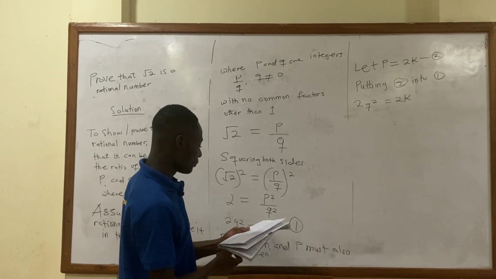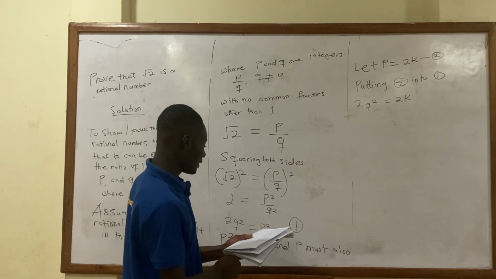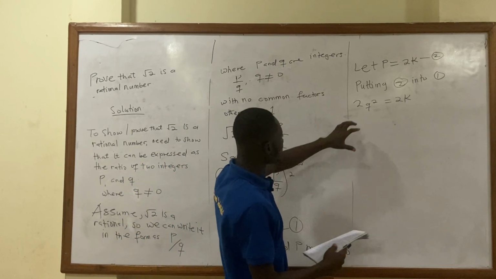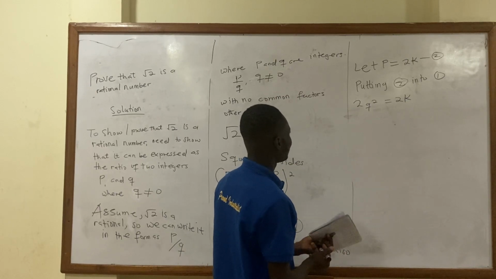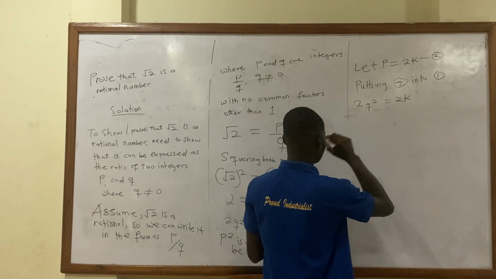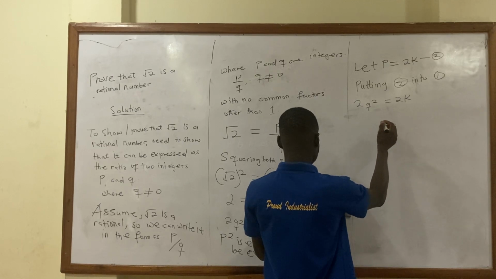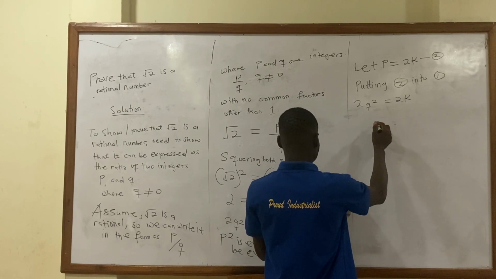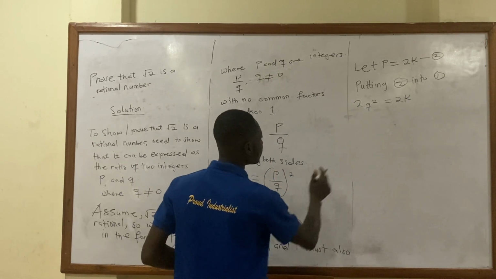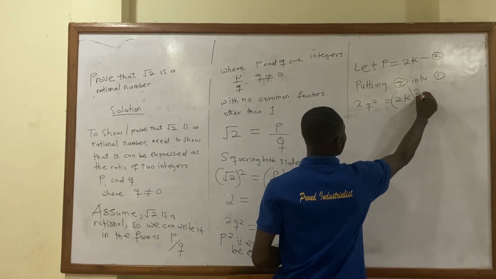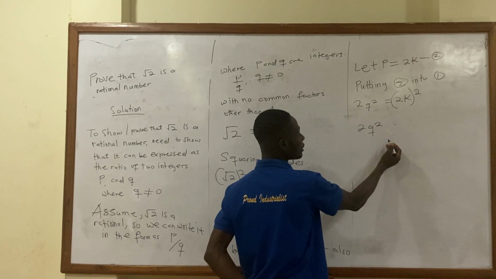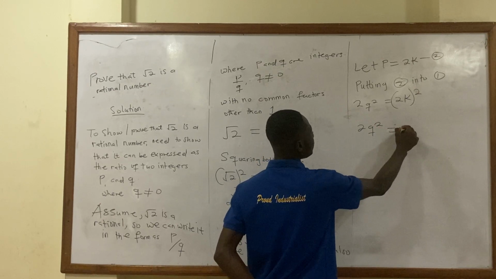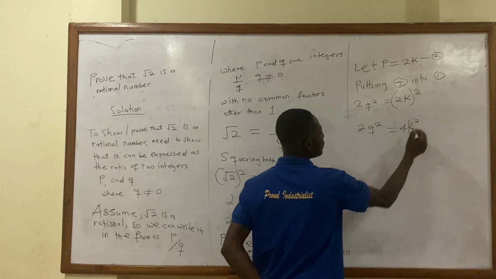All right, so from here we can say that if you want q, all you have to do is say that we have 2k all squared. So 2k squared is equal to 4k squared.